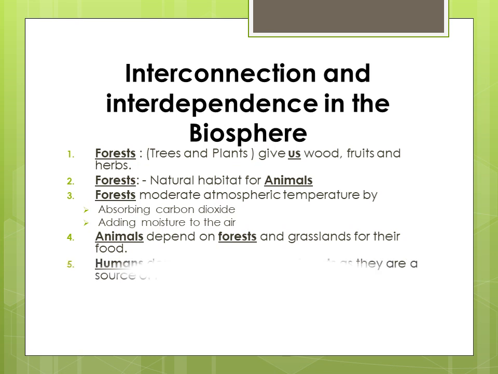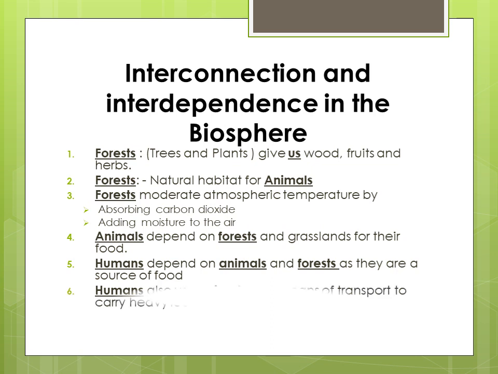Number 5, humans depend on animals as they are source of food. For example, milk, eggs, wool, etc. Number 6, humans use animals as a means of transport to carry heavy loads. For example, bulls, horses, camels, etc.